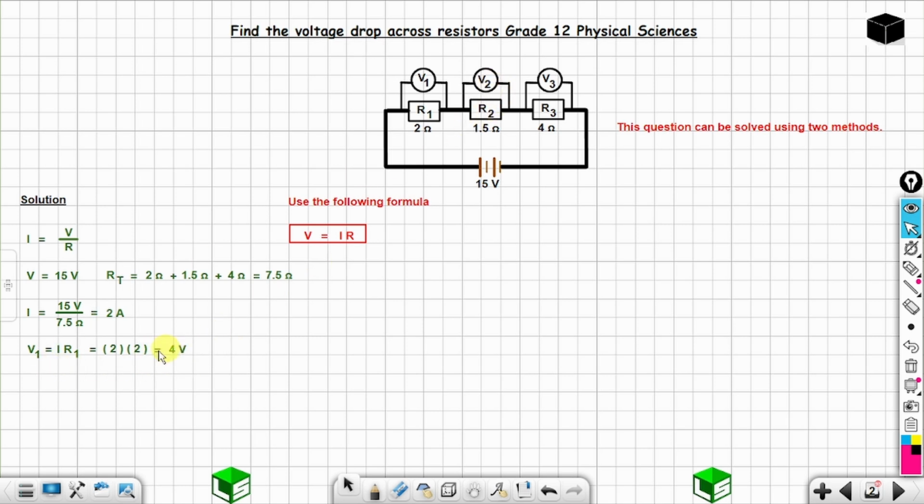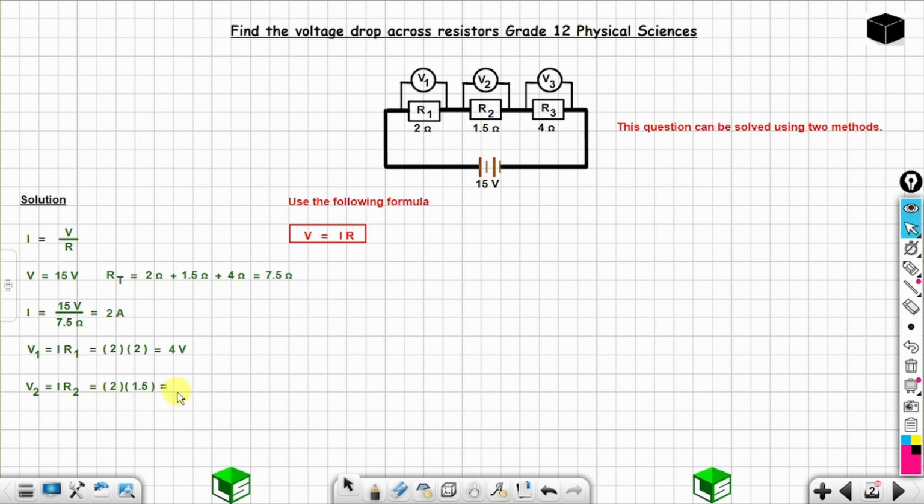Now V2 is equal to, you have the same current flowing into the series connection. To find V2, you are going to use R2. This is equal to the current, the same current flowing into the series connection, times R2, which is 1.5.